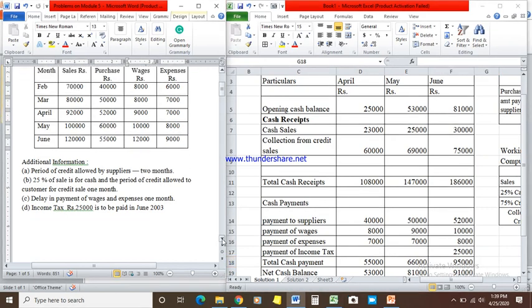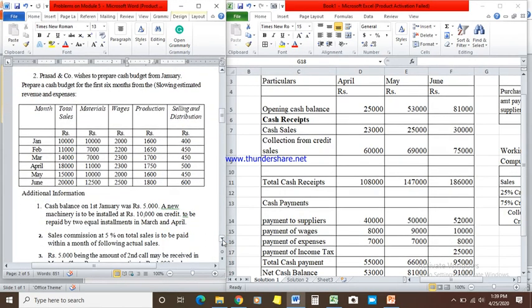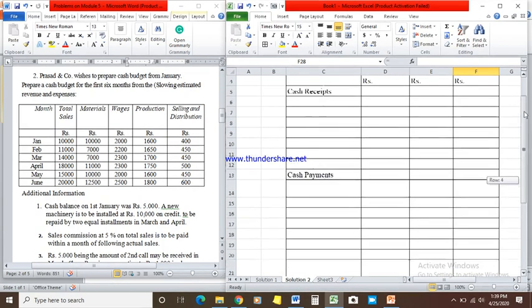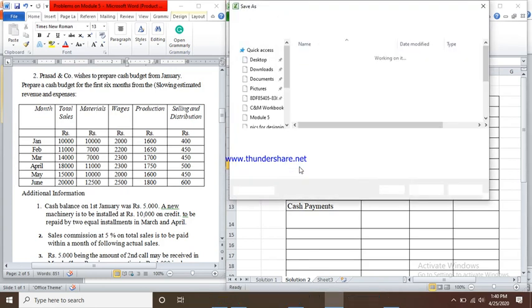Now let me go to the second problem. In the second problem we introduced some more items.